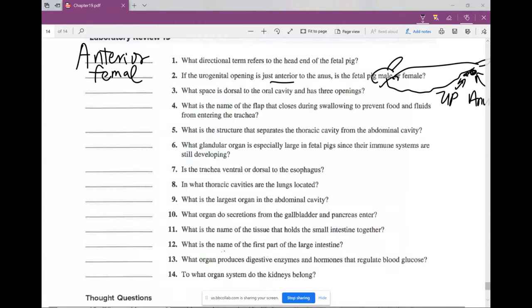Okay. What space is dorsal to the oral cavity and has 3 openings? So there's a cavity that's above the oral cavity, and we call that the nasal cavity.